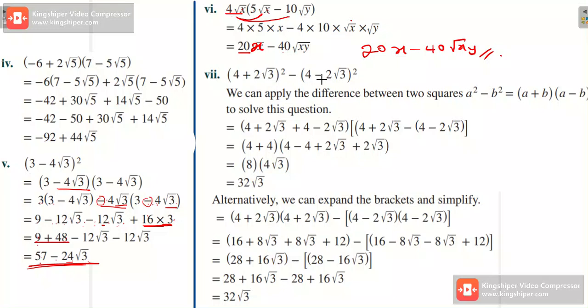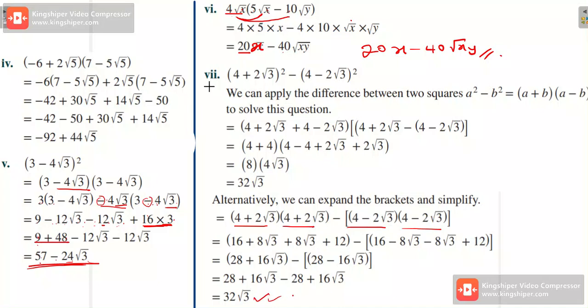Then minus, this is also 4 minus 2 root of 3 times itself. You expand all the two binomials, you group like terms, then you get your answer. That is what they did here. So they use this to multiply itself, use this to multiply itself, expanded, they grouped like terms, and we got the final answer. Another alternative is to use what we call the difference of two squares.